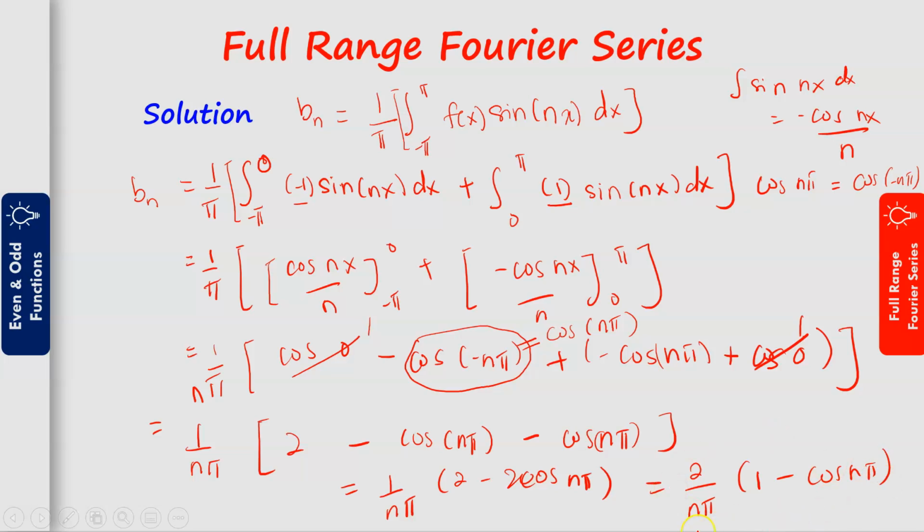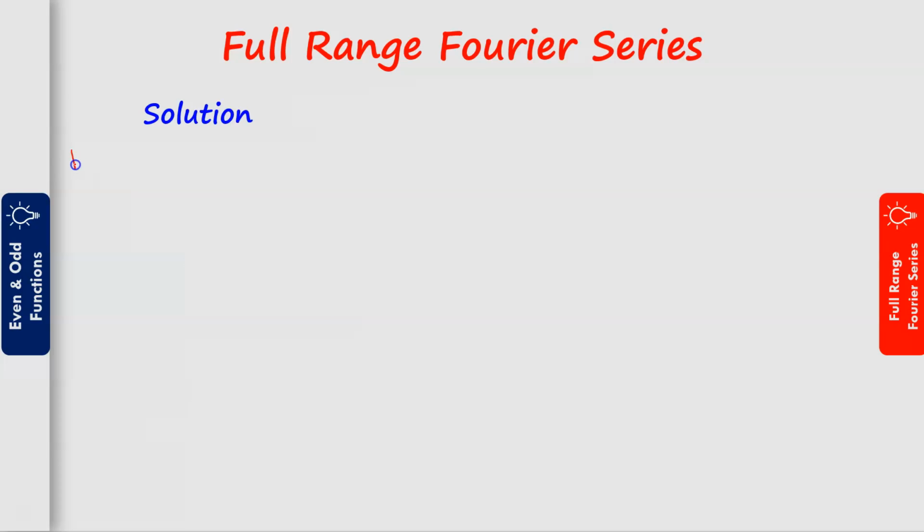But it's not yet our final answer. For this bn, we need to form a table, and we solved previously that bn equals 2 over n pi, 1 minus cos n pi. So class, when we want to find a full range Fourier series, you need to form a table.